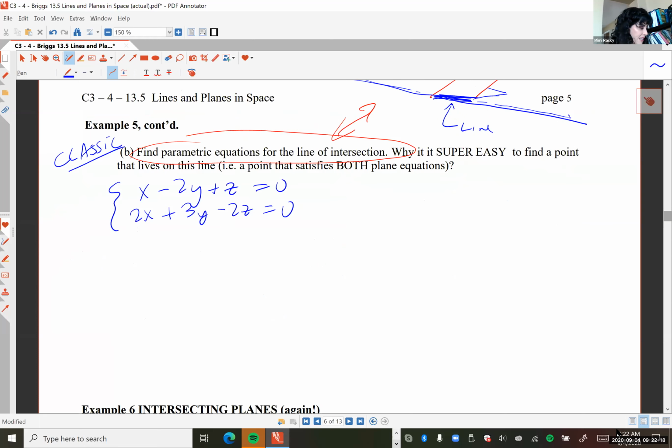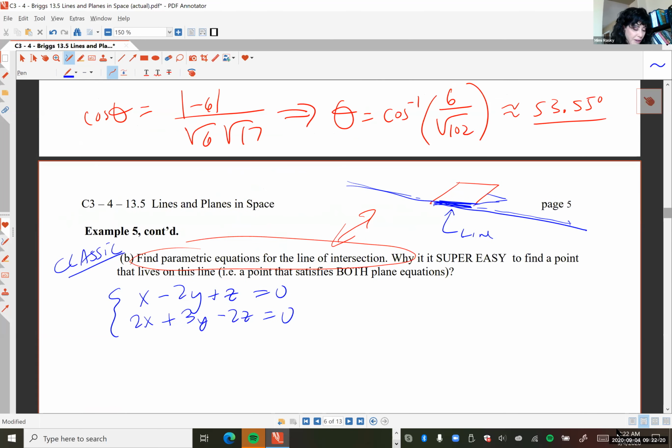Okay? So when you're trying to find parametric equations for a line, keep in mind we need a point and a direction vector. And we don't have any of that yet. Now, you could go, oh, as long as I get a point on one plane, that's a point on the line.